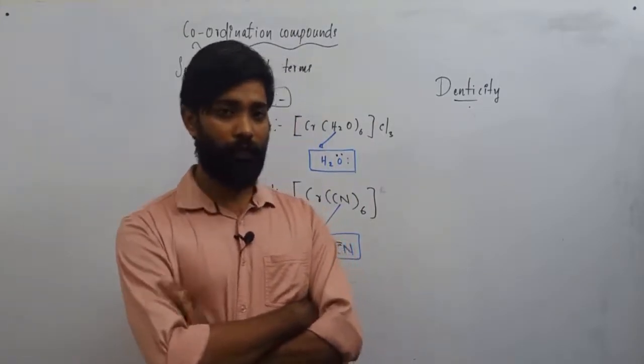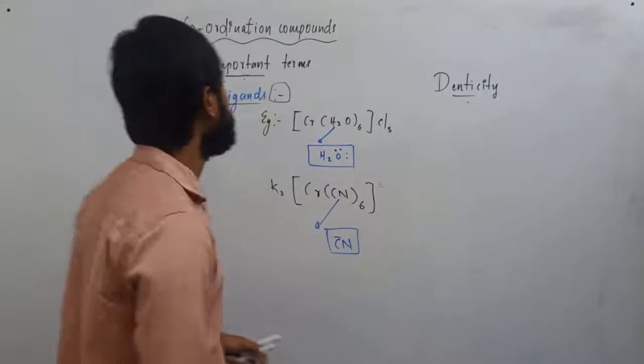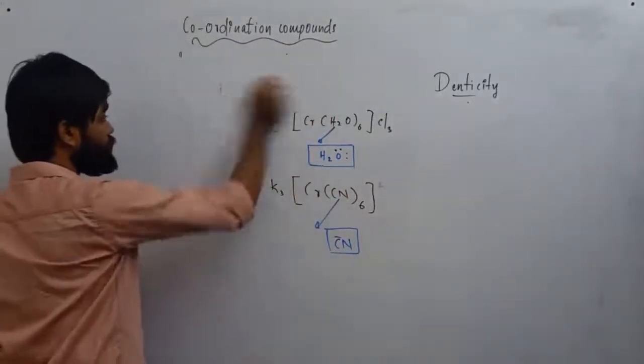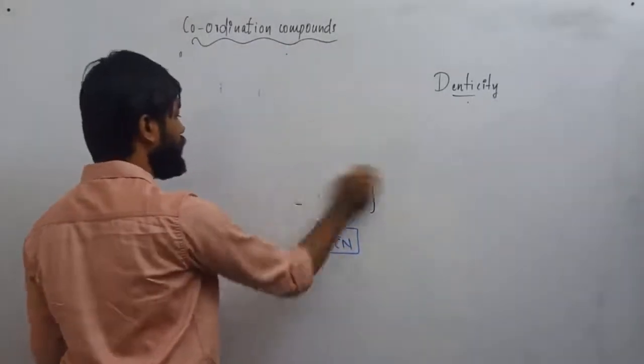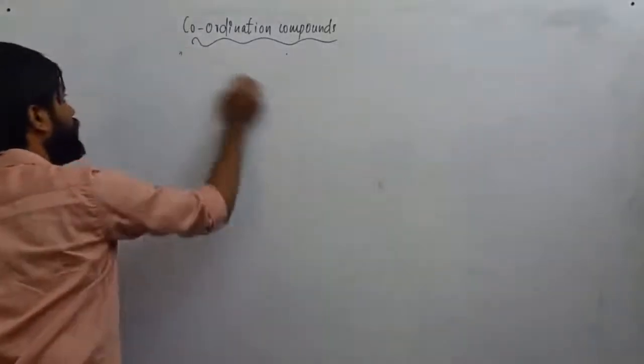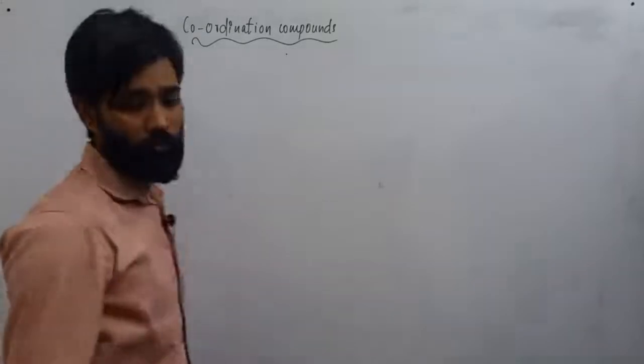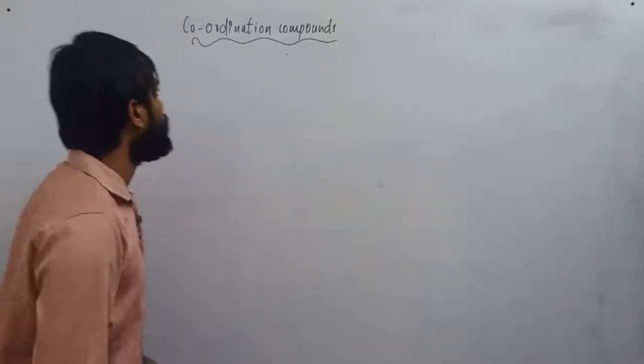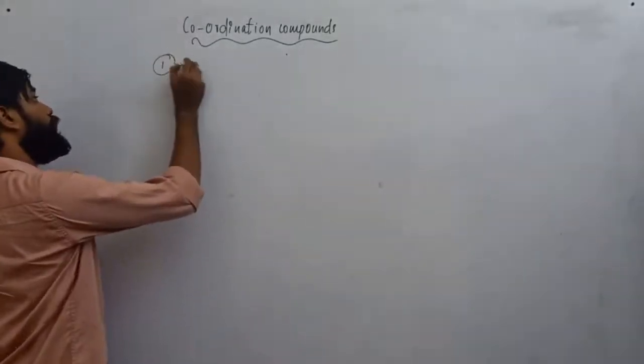That's very important. Ready. So now the next is ligands based on denticity. You want to study the charge of the ligand and also the names. So the first one is the monodentate ligand.